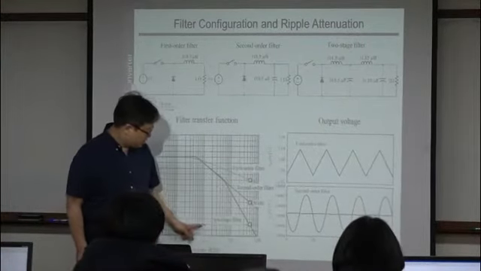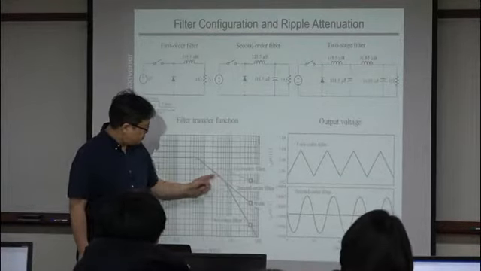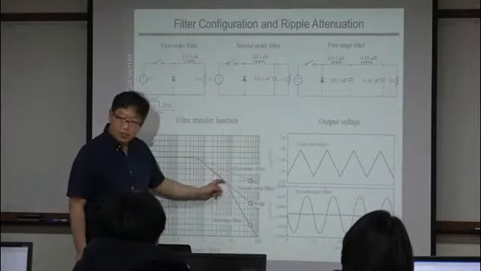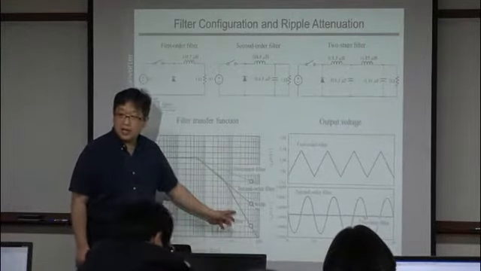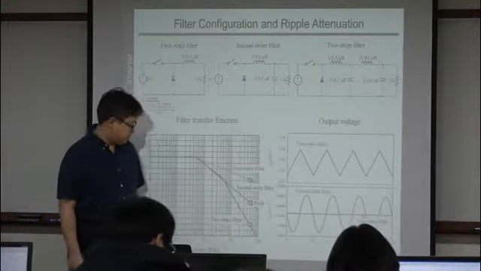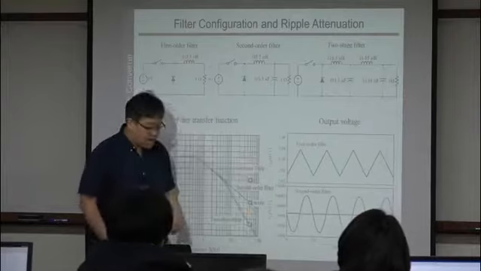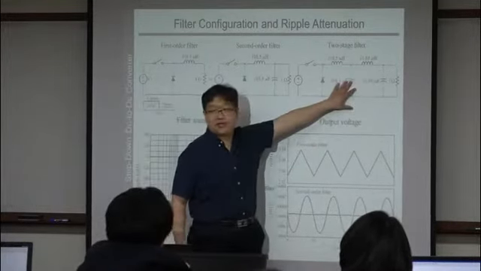Then what about the two-stage filter? Until this point, it keeps the minus 40 dB per decade, but once you pass this point, it is minus 80 dB per decade. So the very, very high frequency attenuation performance is the best here.